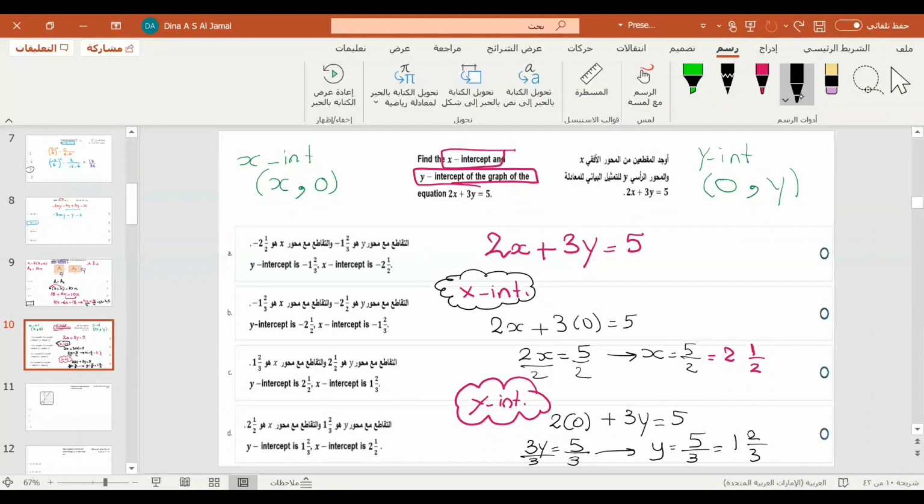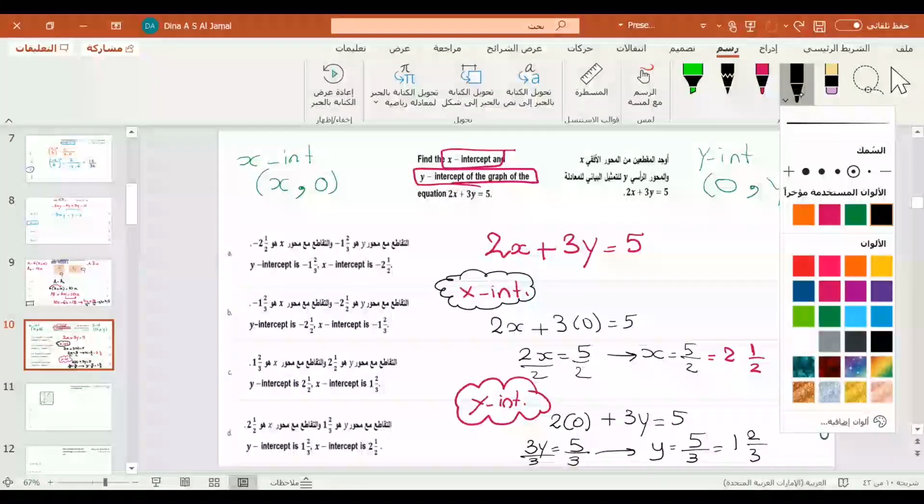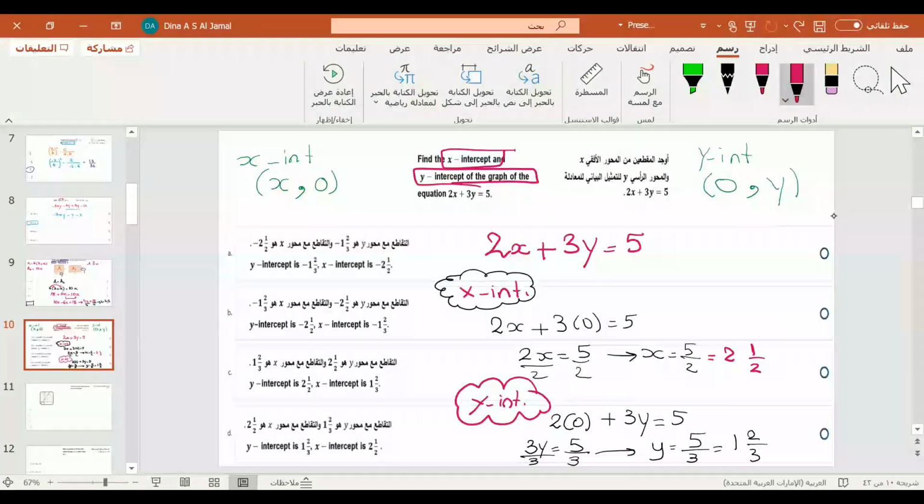Good. Now let's see which choice that is. Look at D. The y-intercept is 1 and 2 over 3, and the x-intercept is 2 and 1 over 2. So focus on this. What he did for you, he swapped them. So this is wrong. Pay attention.